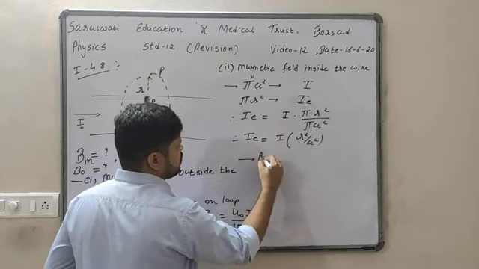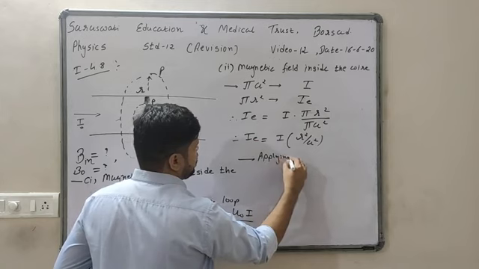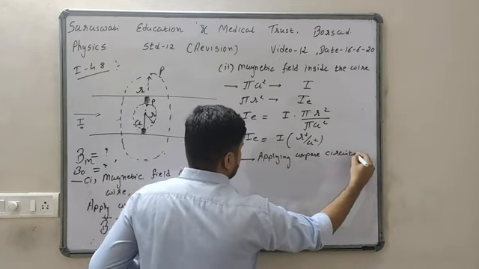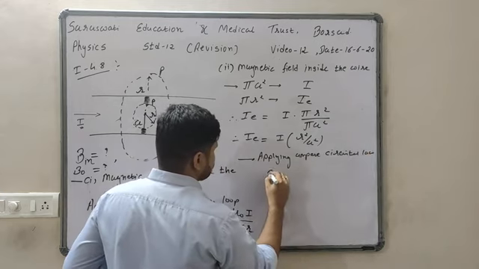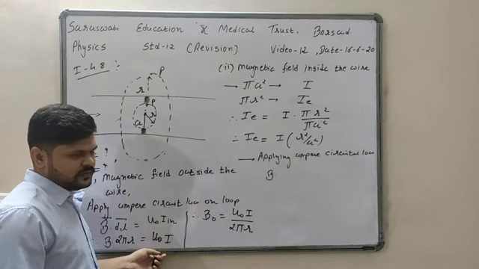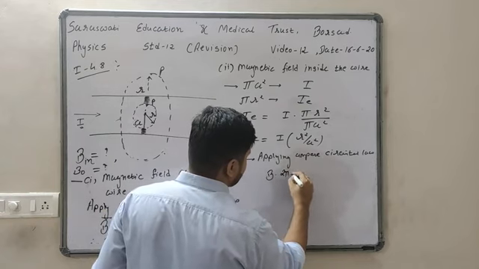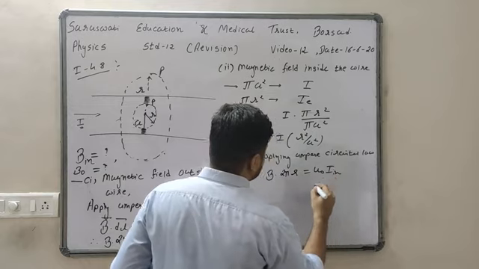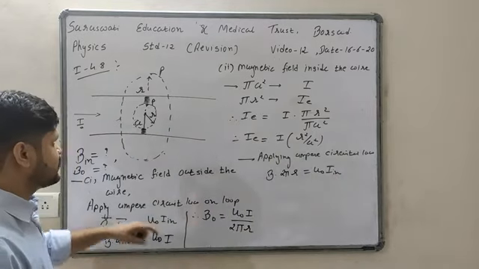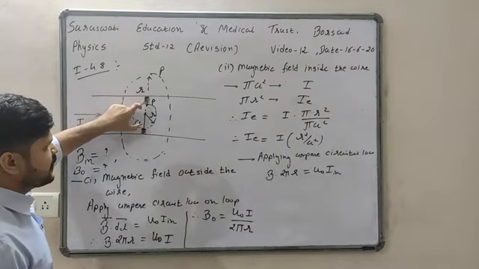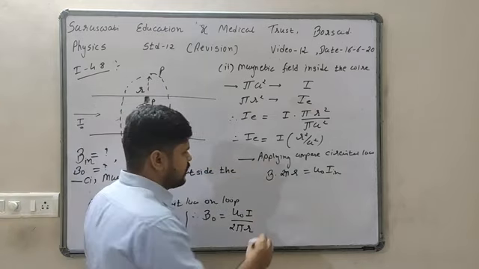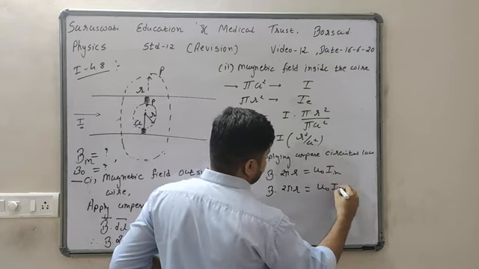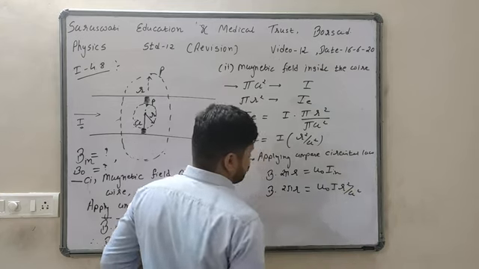Now, same as before, applying Ampere circuital law, we can say that the integral of B dot dl, that means again B into 2 pi r, is equal to mu 0 I in. I in means the current flowing inside the Ampere loop, which we found earlier. So B into 2 pi r is equal to mu 0 I r square upon a square.